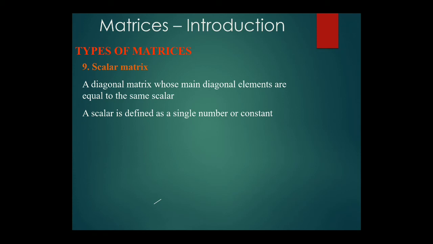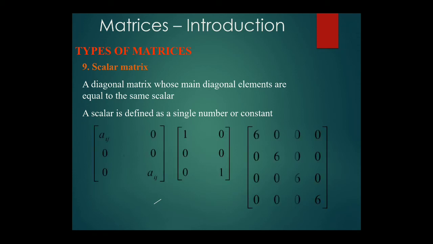So for example, we have a 3 cross 3 matrix which says 1 0 0, 0 1 0, 0 0 1. You can notice that the diagonal is 1. So we have the same number as the diagonal. Next we have a 4 cross 4 diagonal matrix, and you can see 6 as the main diagonal. So basically we can infer that the diagonal will be the same.